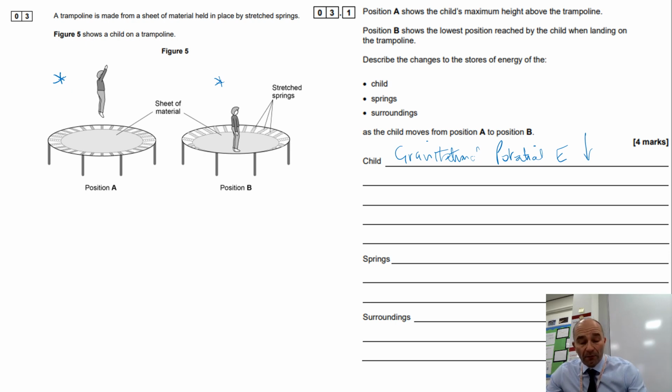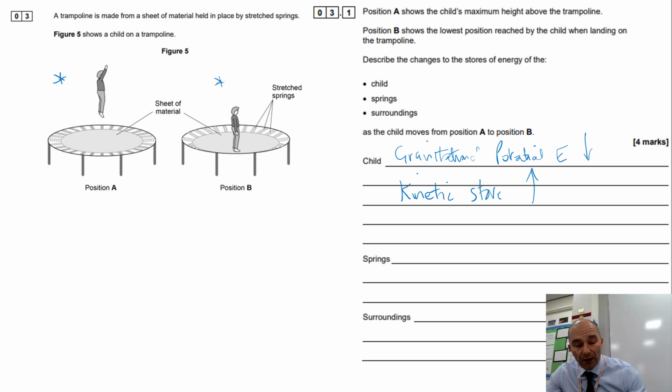However, at the same time, because the child is moving downwards, it means that their kinetic store of energy has gone up. Obviously that's until it reaches position B, when it will go to 0, because the child is now stopped. There's our first 2 marks. And then we need to look at the springs.